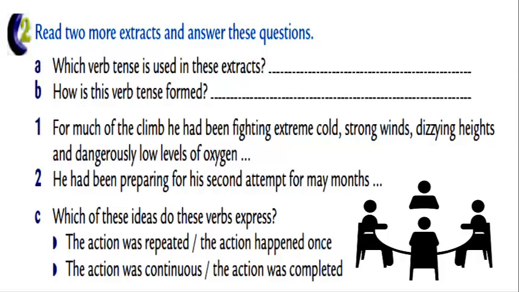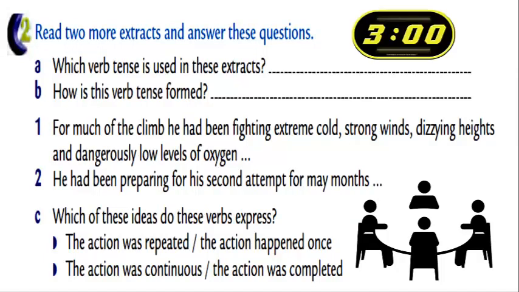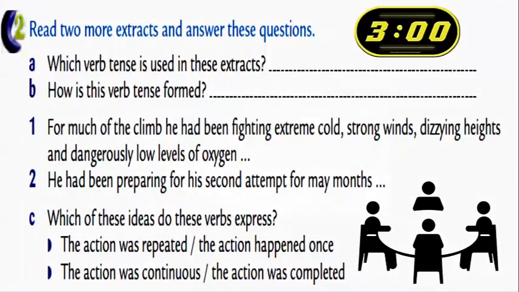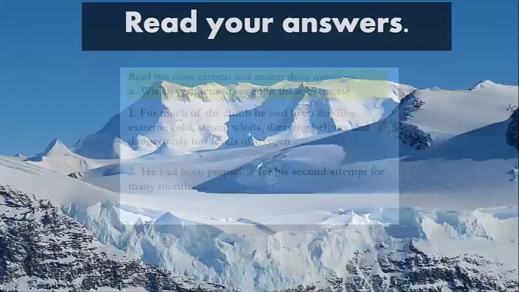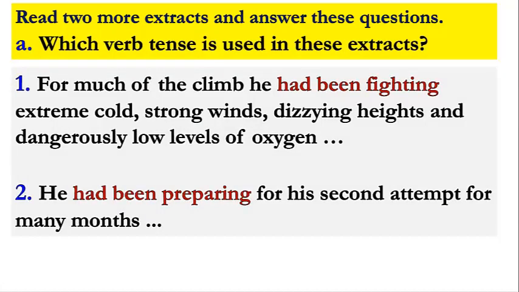So that's to read 2 or more extracts and answer these questions. We have here also 2 questions. Which verb tense is used in these extracts? How is this verb tense formed? Let's check the answers. In the first sentence here, the verb had been fighting. And sentence 2, he had been preparing for his second attempt for many months.